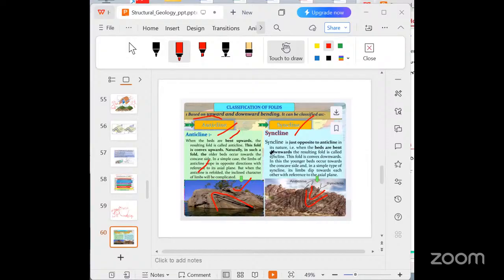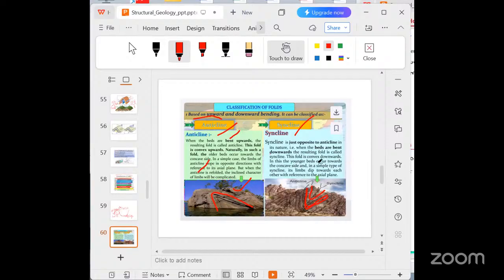Now you see here, syncline. Syncline is just opposite to anticline, right? Its nature is that the beds are bent downwards. Here, you look like this. These are the synclines. This is the real picture. The resulting fold is called syncline. So this fold is convex downwards.